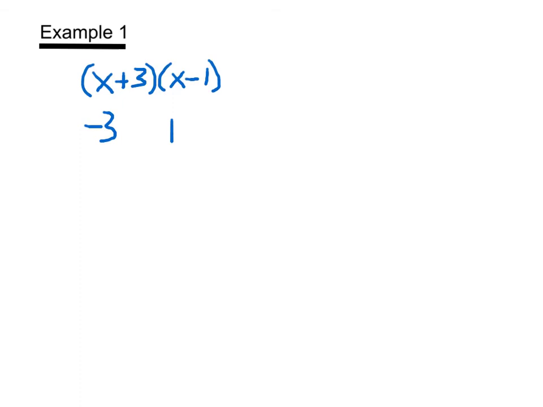So I can draw the sign diagram. I know that the critical values are negative 3 and 1, and the function is defined at these critical values, so I use a solid line. Now we try any number. I like to try 0. I like to set x equal to 0 and plug it in.